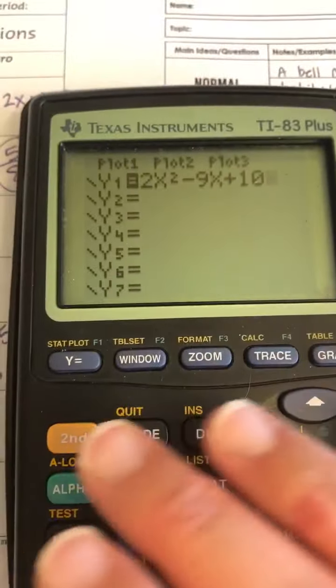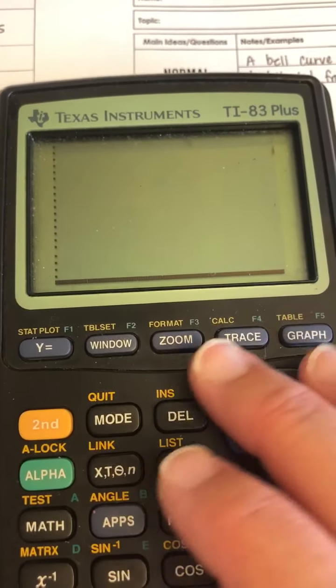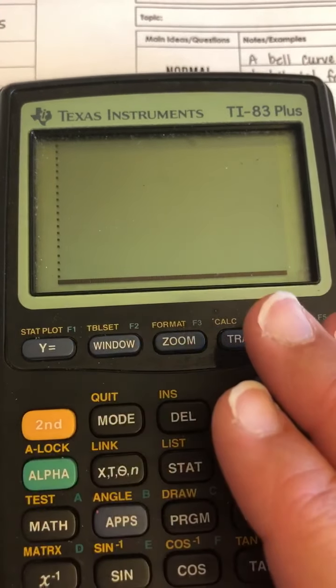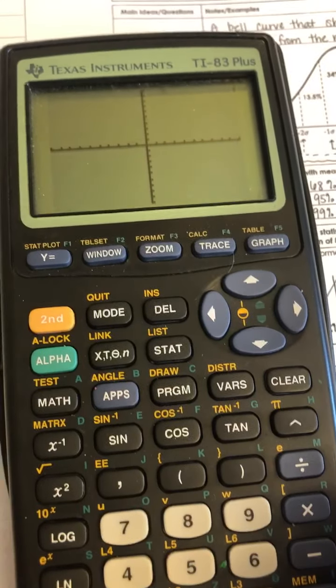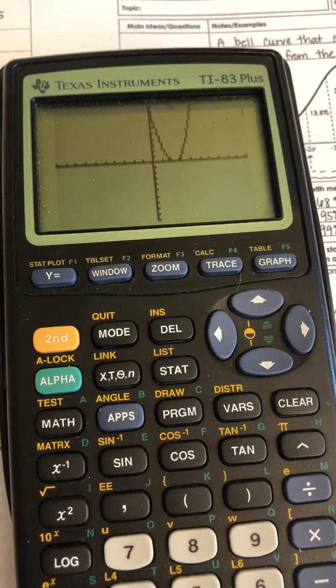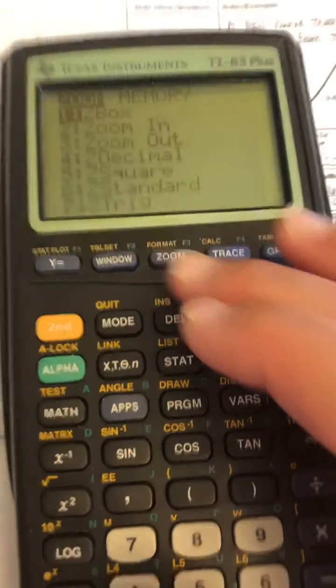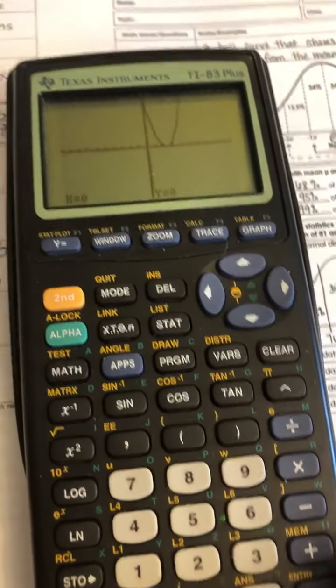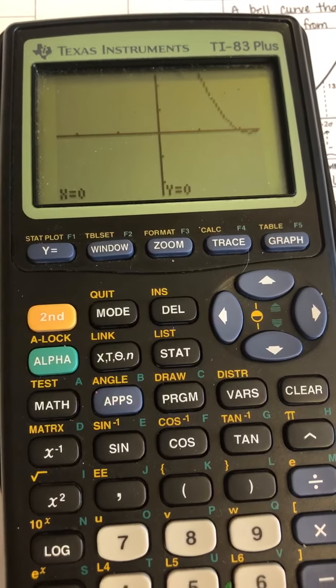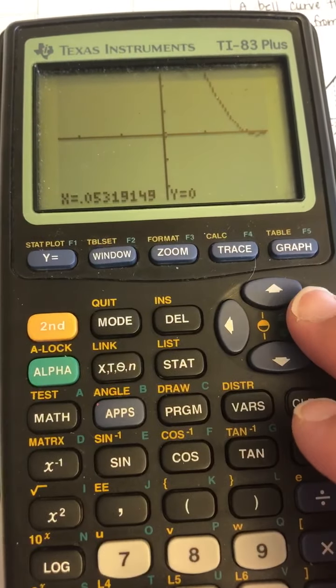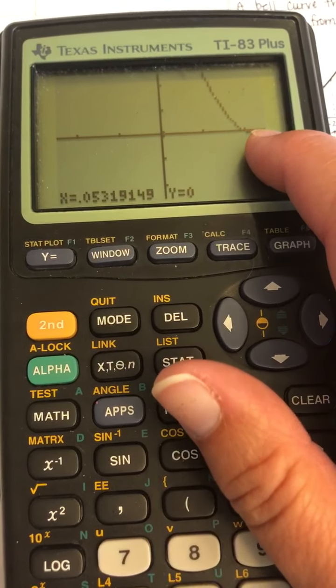You can actually hit graph and look at your graph. I'm going to give mine a second to actually load, but if I go to standard view, and I'm going to actually zoom in a little bit so I can see where it hits the axis. Okay, so I can see it's going to hit it here and here.